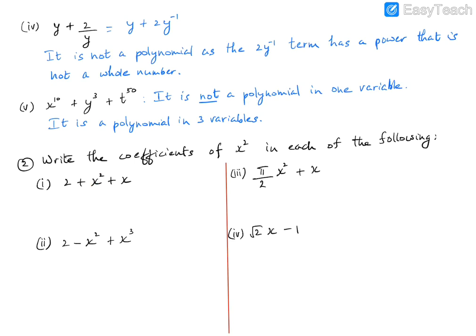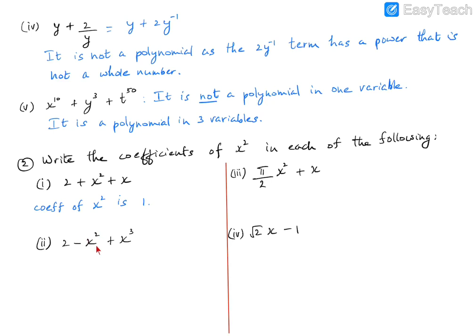So for the x squared term, the coefficient is 1. Let's write that. I'll just write coefficient of x squared is 1. For the second expression, which is here, we have 2 minus x squared plus x cubed. Because it's a minus and without a number in front, it means there is a 1 there. So minus into 1, it's a minus 1.